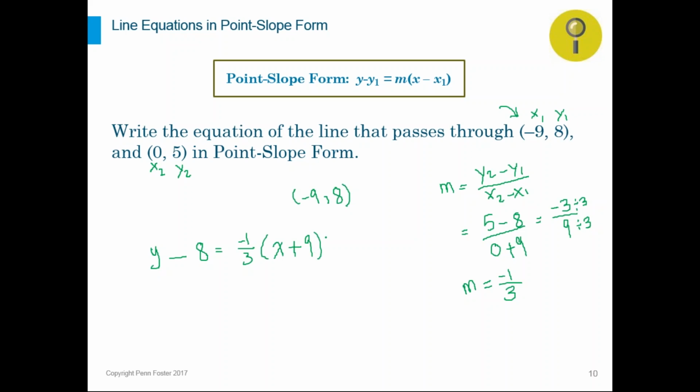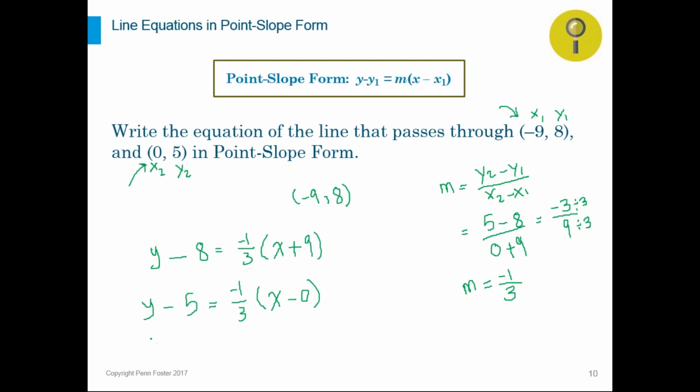If you're curious and want to know how the equation would look if you choose the second point over the first point, you can. Let's do it together just to show you different ways of writing the equation. I'm going to use the point slope form. So y minus, the y here in this case is 5, equals, the slope is the same, negative 1 over 3, times x minus 0.